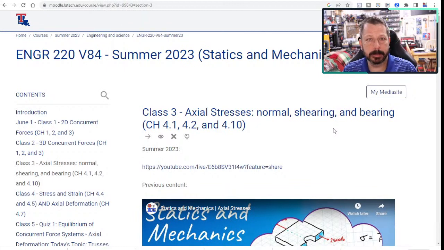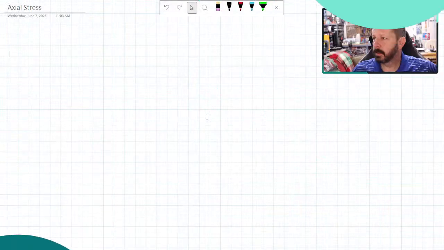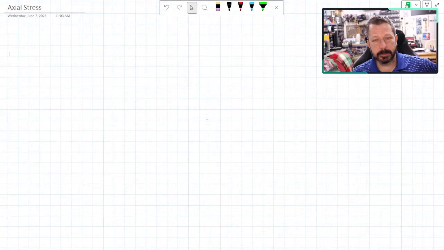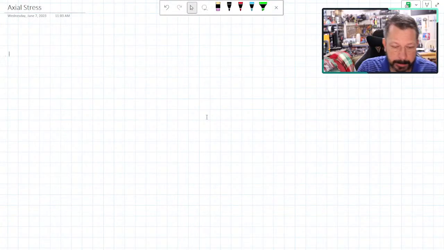Or they're pressing on it, whatever. So they're actually doing stuff, and the material is responding in certain ways. And that's what we want to start getting into. That's the mechanics of materials part of this class. So I think for first, let's go over here and let's start talking about what some of these things mean.